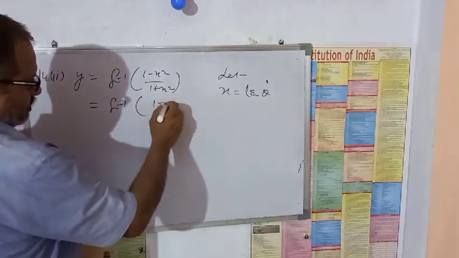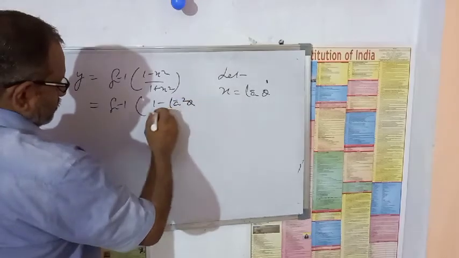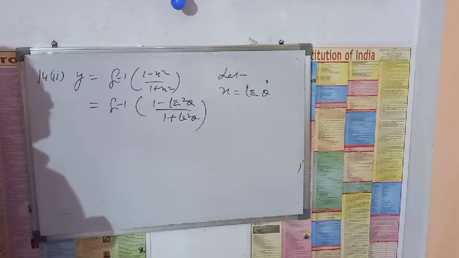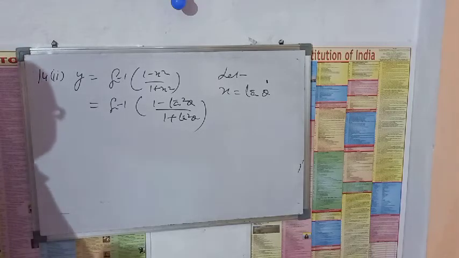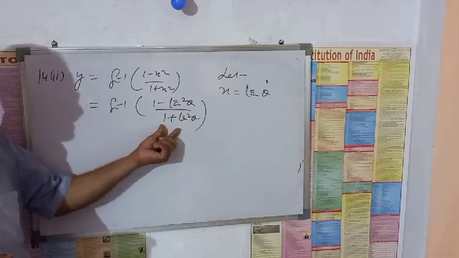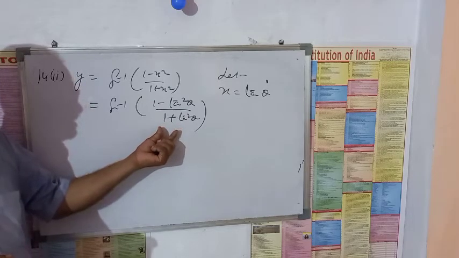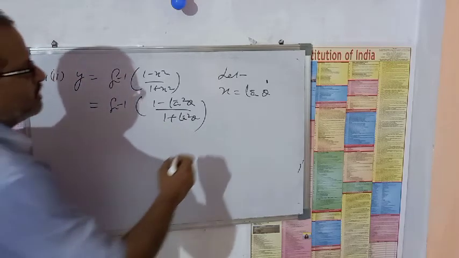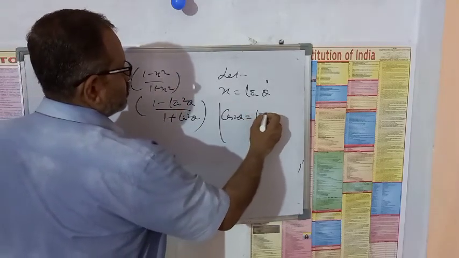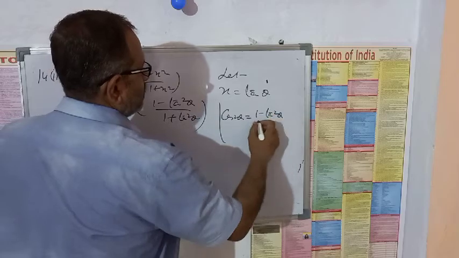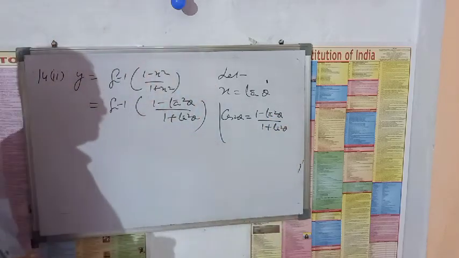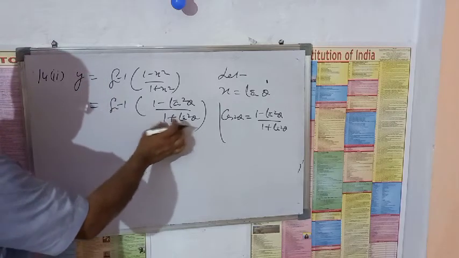Sine inverse 1 minus tan square theta upon 1 plus tan square theta. We know that 1 minus tan square theta upon 1 plus tan square theta is equal to cos 2 theta. So we can write here cos 2 theta.